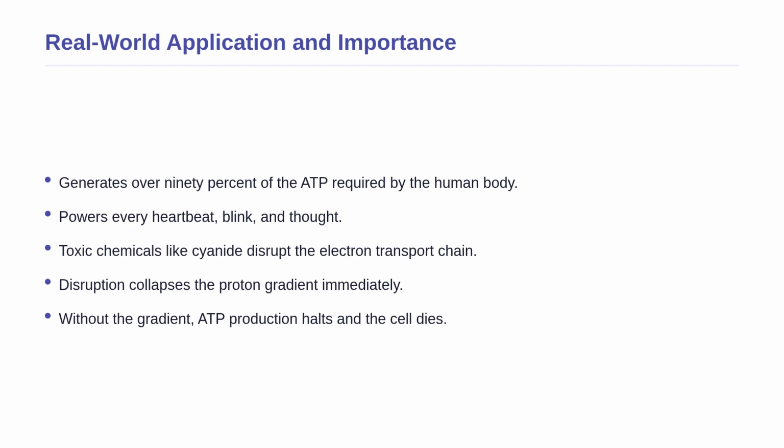This is also why certain poisons are so deadly. If a toxic chemical, like cyanide or carbon monoxide, disrupts the electron transport chain, the proton gradient collapses immediately. Without the gradient, ATP synthase stops spinning, ATP production halts, and the cell dies within minutes from energy starvation.